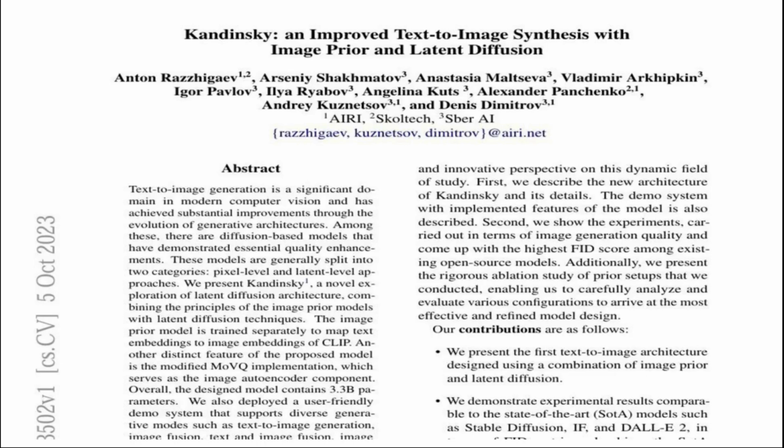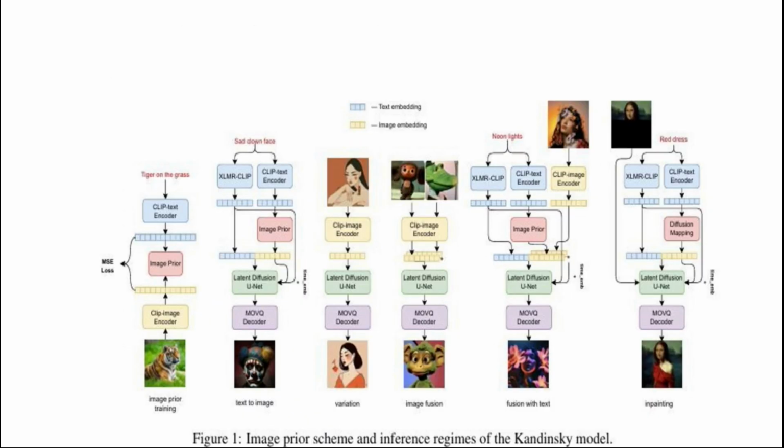Dear friends, this Kandinsky model is a major leap forward in text-to-image generation, combining the strengths of image prior model with the latent diffusion techniques. Unlike traditional approaches that either generate images pixel by pixel or in a latent space, Kandinsky introduced a novel mechanism where an image prior model is trained separately to map text embeddings to image embeddings using CLIP.